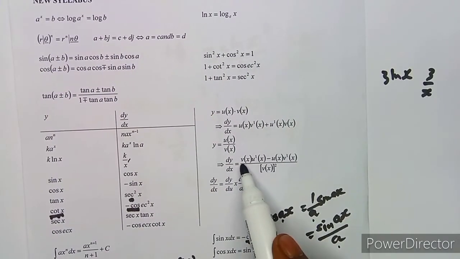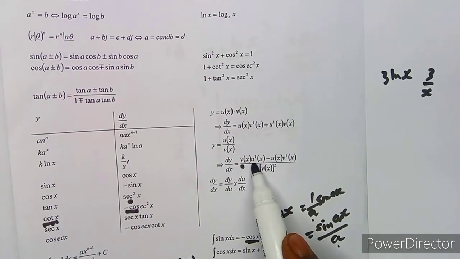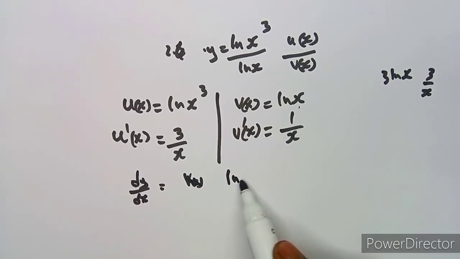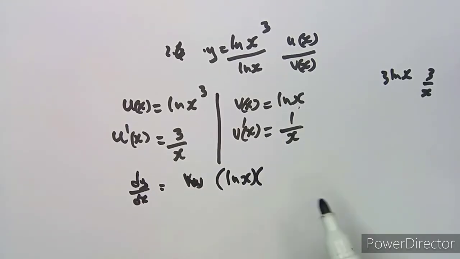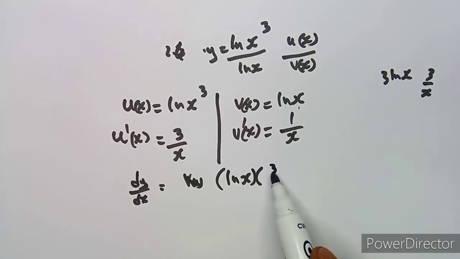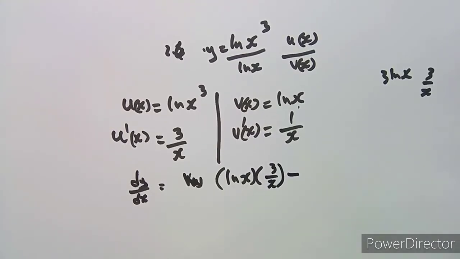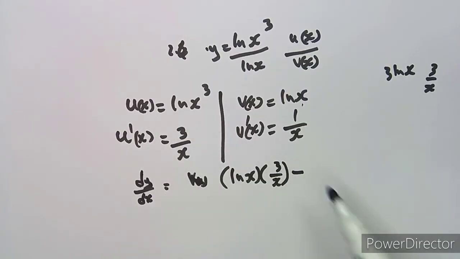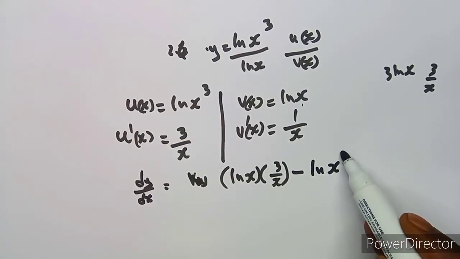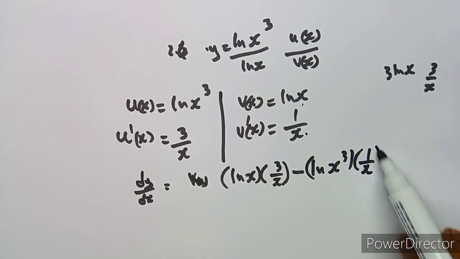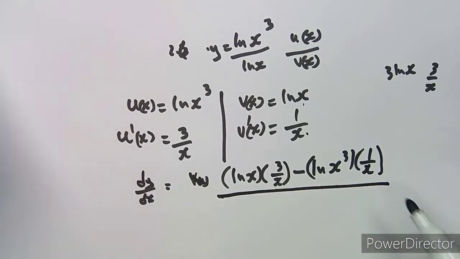Our v(x) is ln x, so it's going to be ln x times the first derivative of u, which is 3 over x, minus u(x), which is ln x to the exponent of 3, times the first derivative of v, which is 1 over x, everything over v squared.